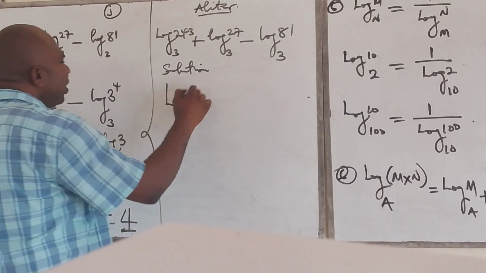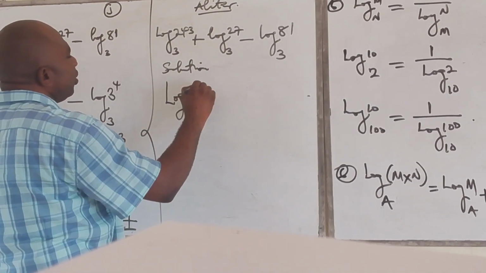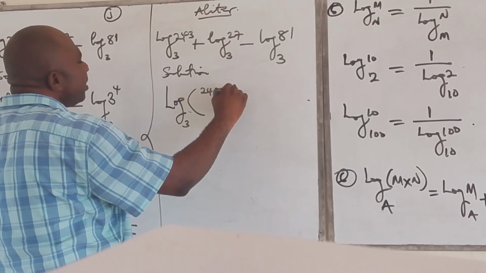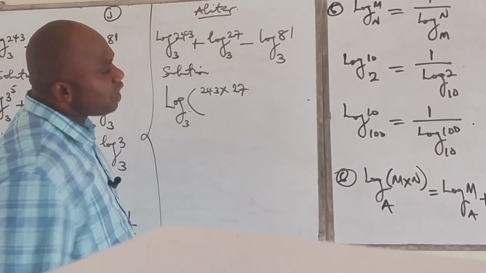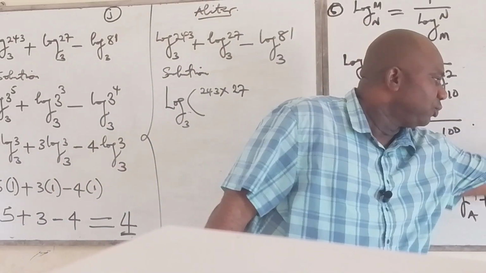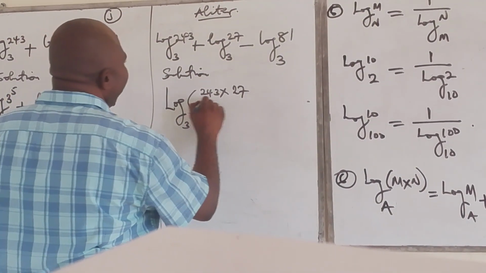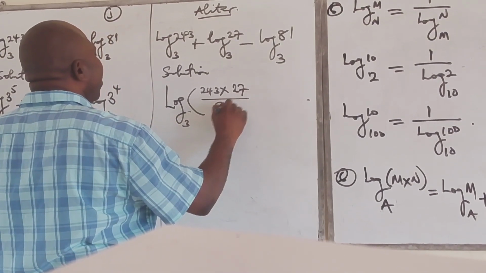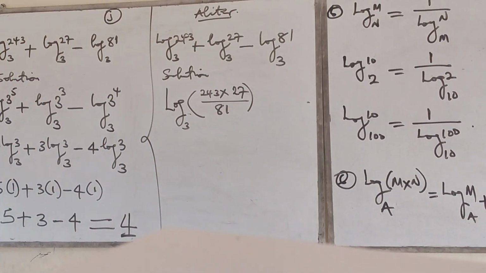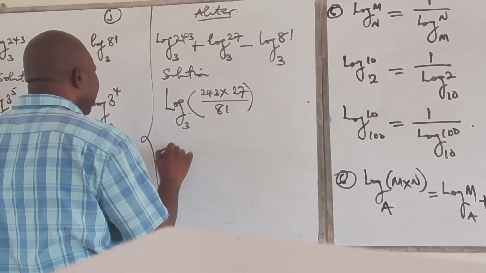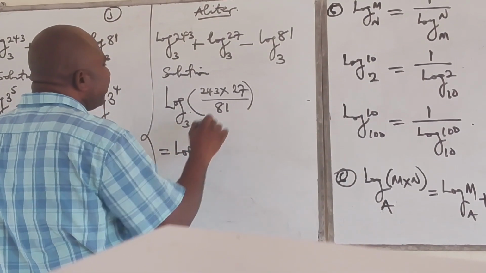Applying the law, we have plus, so it becomes 243 times 27. Now we have minus, and we said when it is minus, you are dividing. When it is division, you are subtracting. So all over 81.